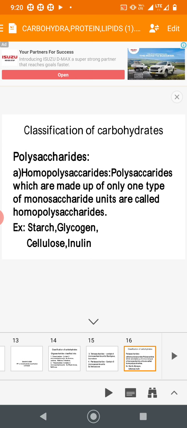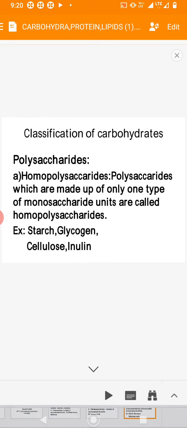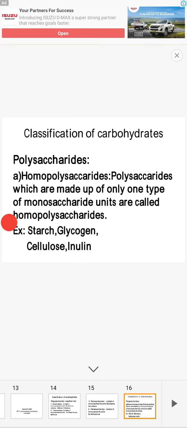Polysaccharides are further divided into homopolysaccharides and heteropolysaccharides. Examples for homopolysaccharide are cellulose, glycogen, inulin. Homopolysaccharides on hydrolysis yield only one type of monosaccharide unit.